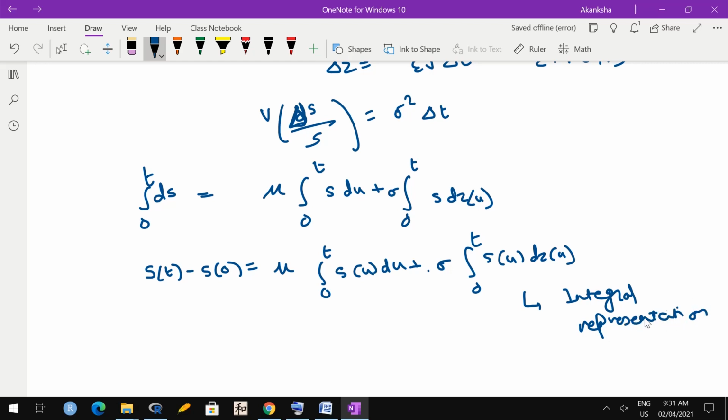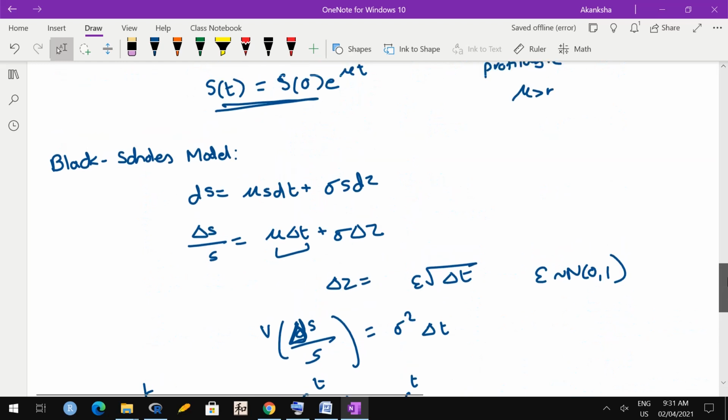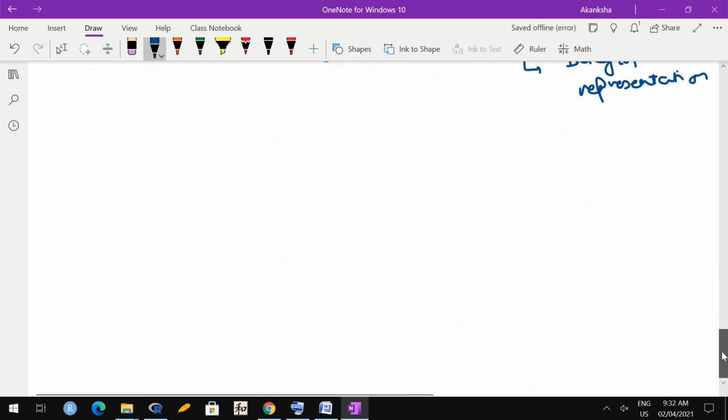Now from the earlier differential representation, we can say something about the probability distribution. Delta S by S has a constant part, and the Brownian motion has a normal distribution, so overall delta S by S will also have a normal distribution.